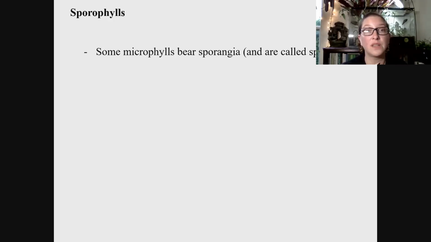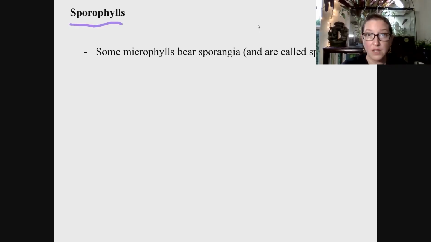And in the case of the lycopods, Lycopodium and Selaginella, the sporangia are located on microphylls, right? Simple leaves with one vein. If a microphyll has a sporangium on it, they're called sporophylls. So if a microphyll has a sporangium on it, we call it a sporophyll.